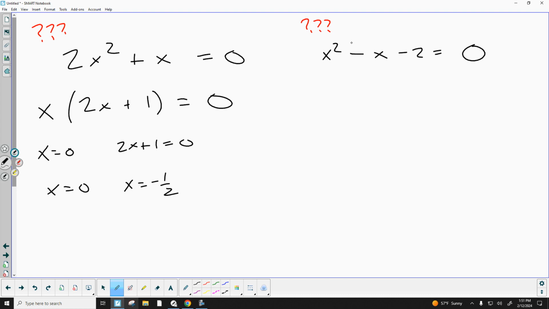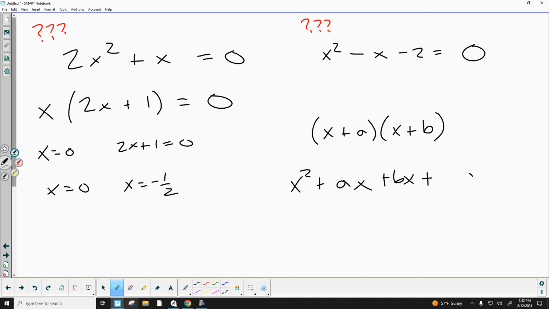This one, I don't want you guys to use, sure, use x if you want to. Just don't screw it up. You should know that x plus some value times x plus some other value distributes to be x squared plus ax plus bx plus ab. You should know how to distribute.